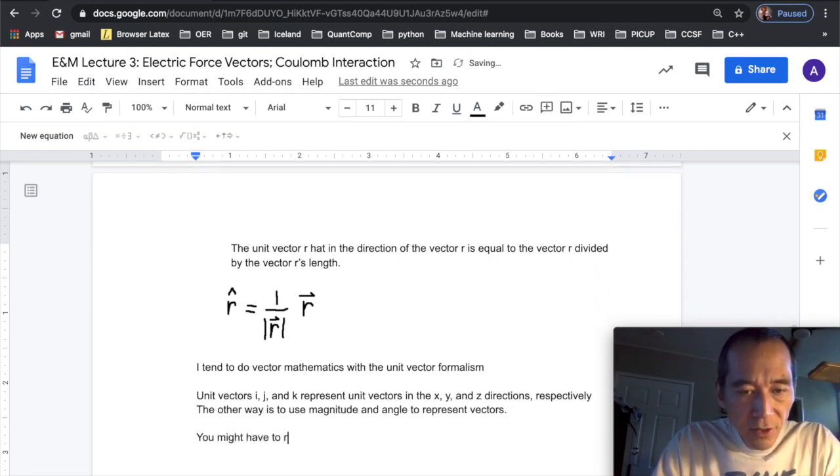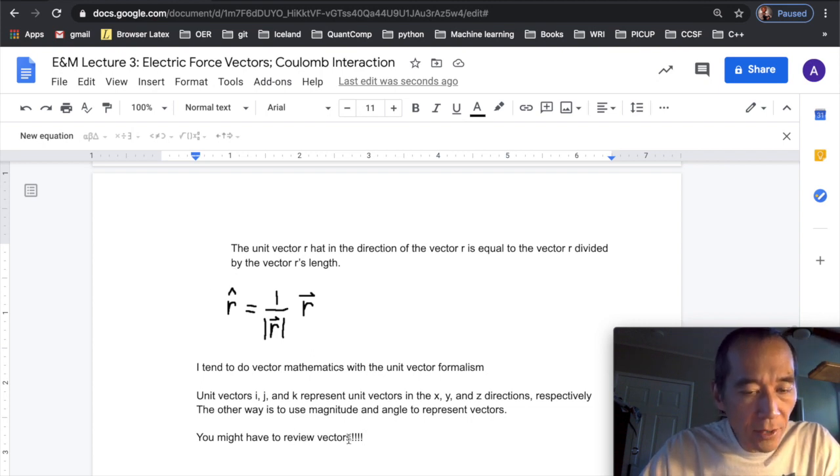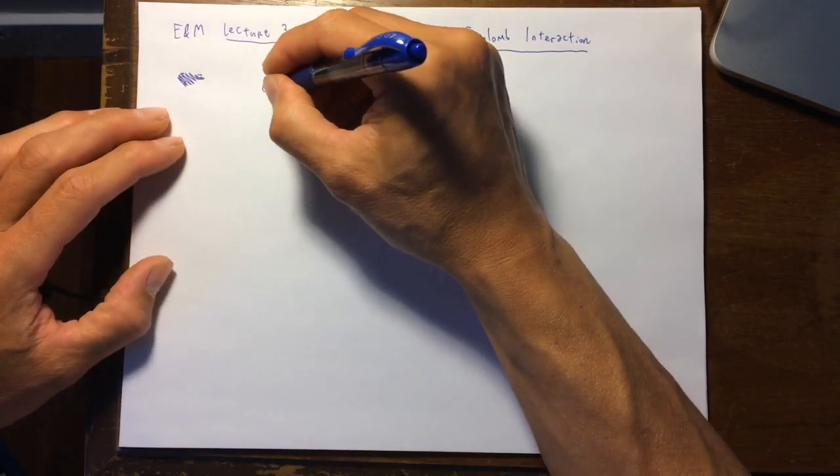You might have to review vectors. If you find yourself needing to review vectors, you really ought to do it. In fact, you might find that doing this physics is going to teach you more about the vectors you're using. You're going to become more comfortable with this kind of mathematics or this kind of structuralization of the physical idea.